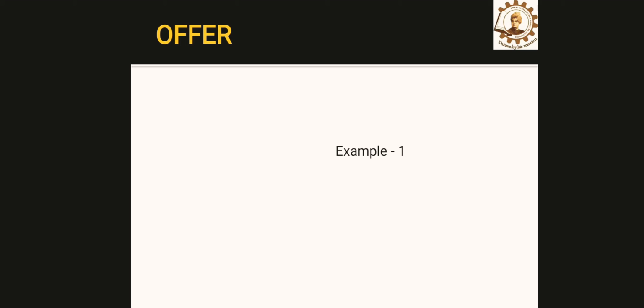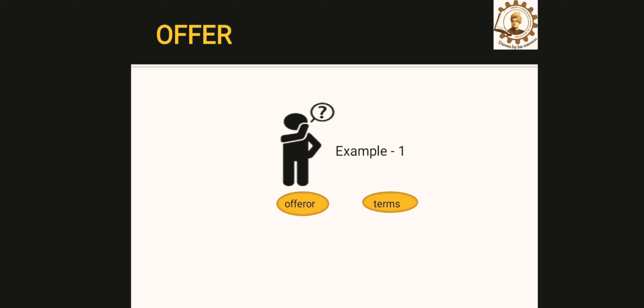The person who has made this offer with certain terms and conditions is called the offerer. So this is the person who has made the offer with various terms and conditions like rent of 10,000 for the godown, excluding the electricity charges, and that's for 1 year.